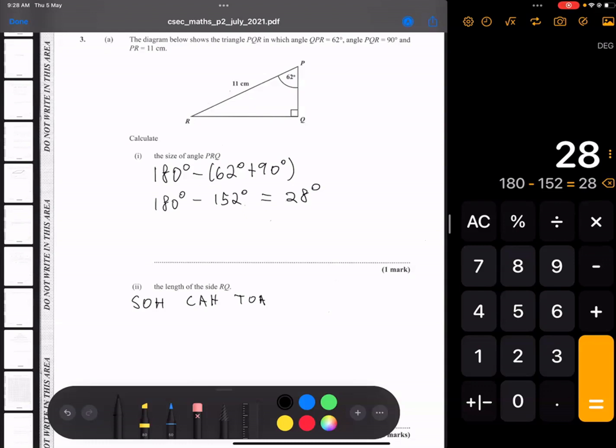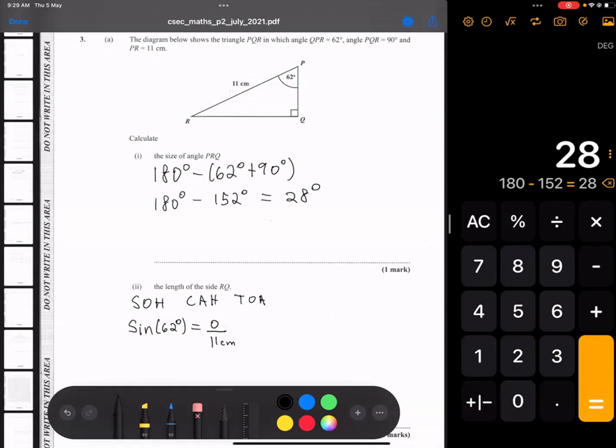So the best trig ratio to use would be SO, which is sine, opposite over hypotenuse. So sine of the angle is equal to opposite over the hypotenuse. We know our hypotenuse is 11 centimeters, but we don't know what our opposite is.